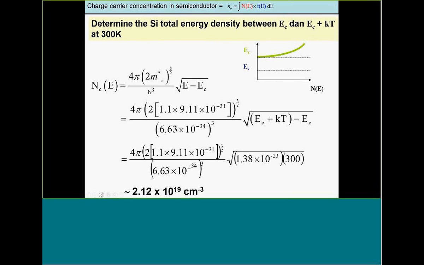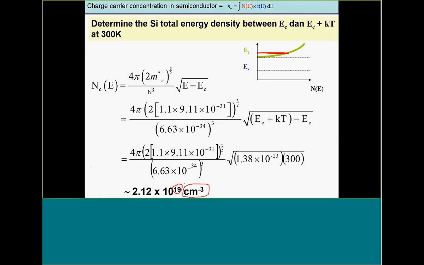So let's just draw it. Let's say it's here somewhere. So the density of states for this particular region is going to be 10 to the power of 19 states per cm cubed.